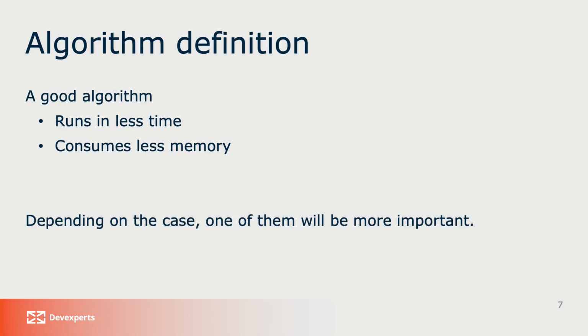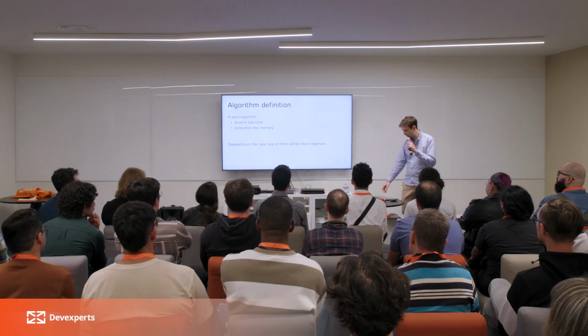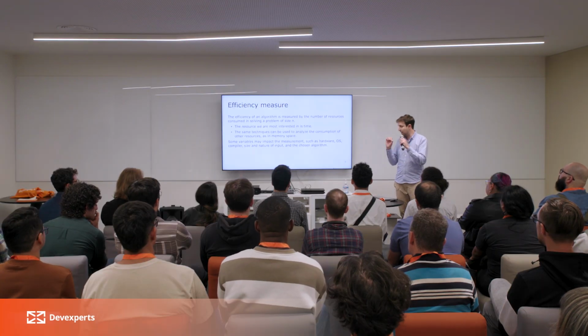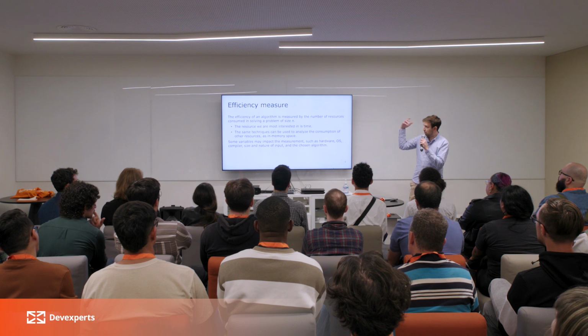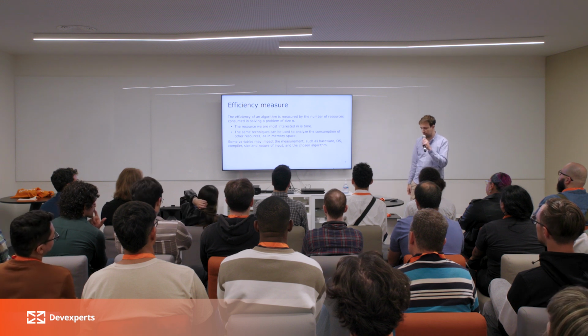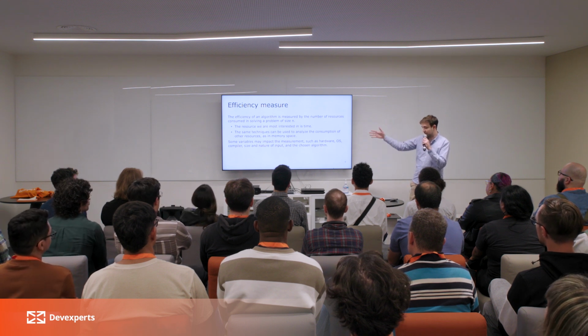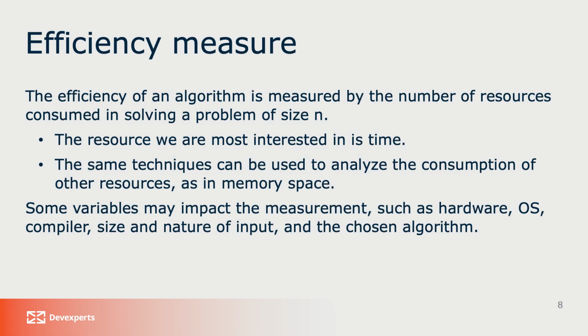What distinguishes a good algorithm from a bad algorithm when they try to do the same thing or fix the same issue? It's mainly that one will run in less time or consume less memory, or both. But depending on the case, one is more important than the other. The efficiency of an algorithm ends up being measured by the number of resources consumed in solving a problem of size n, n being the length of our input.